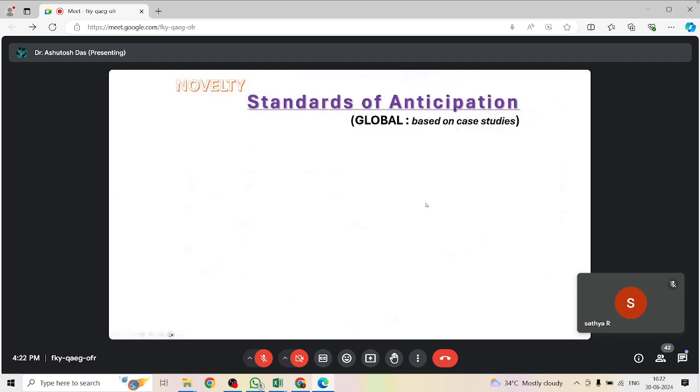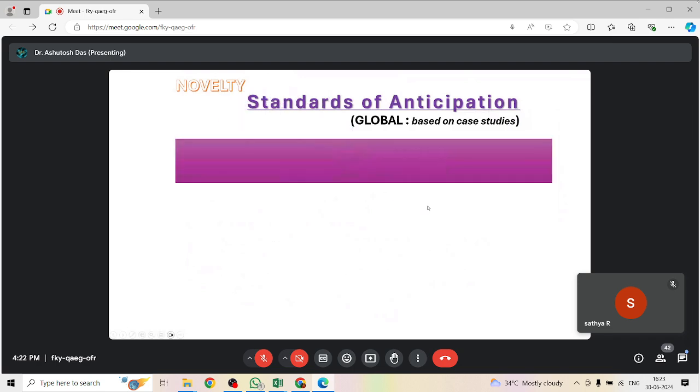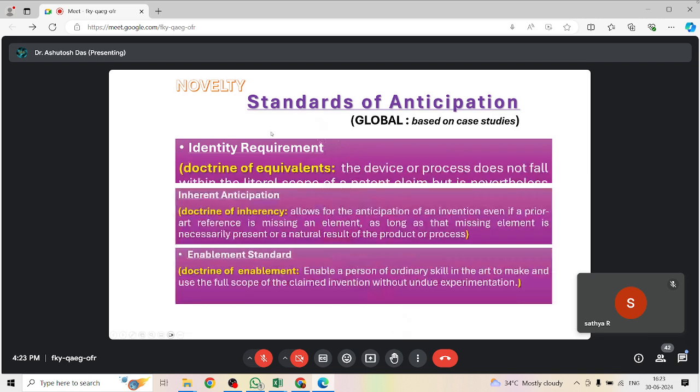Now novelty, our novelty standard. Novelty means anticipation: already existing or similar things, so it is not new. So the identity requirement. There are three ways to find novelty. One is identity, or doctrine of equivalence.